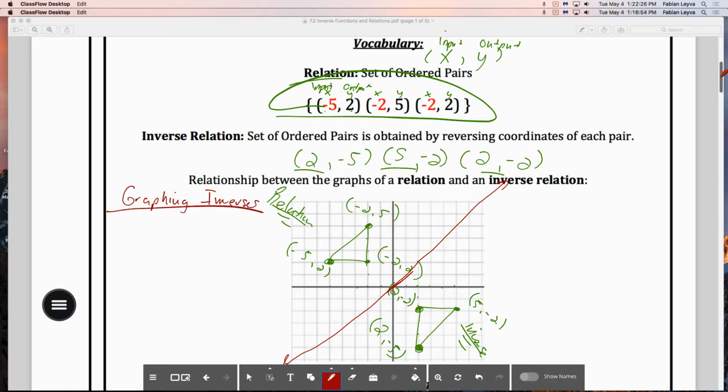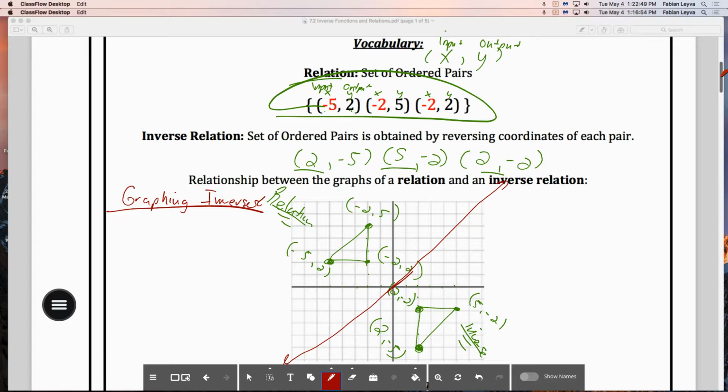Let's keep in mind that whenever you have a relation, it's just a relationship between two numbers. Now, when they tell you to find the inverse, they're telling you to reverse the x's and y's. If you have ordered pairs, it's really nice because you can just take each ordered pair and flip them. Graphs, of course, are a little bit more complicated because I'm super visually incapable of flipping things perfectly.